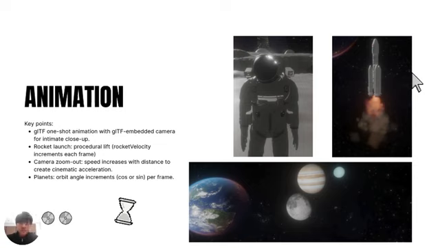And then for the second one, the WebGL approach, as mentioned here, we did some animation in WebGL, which is the rocket launch, and also the planet spinning around the Earth.